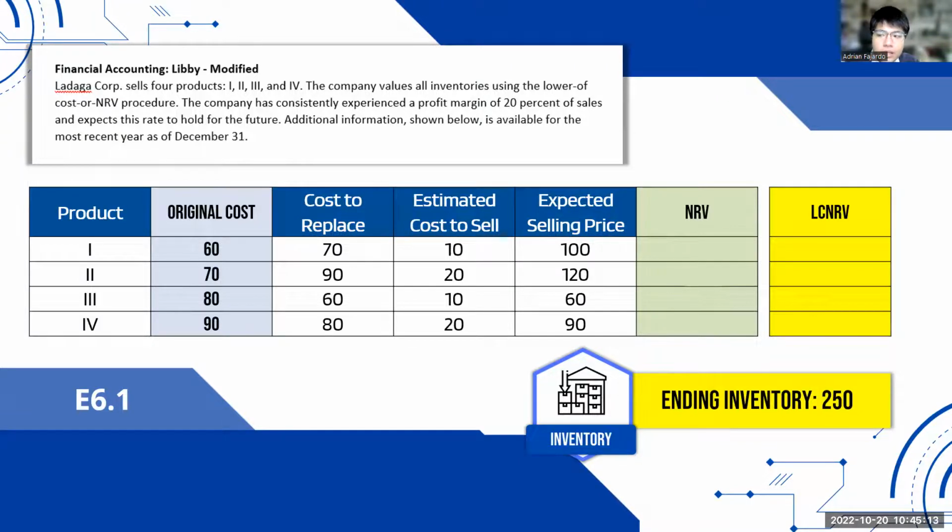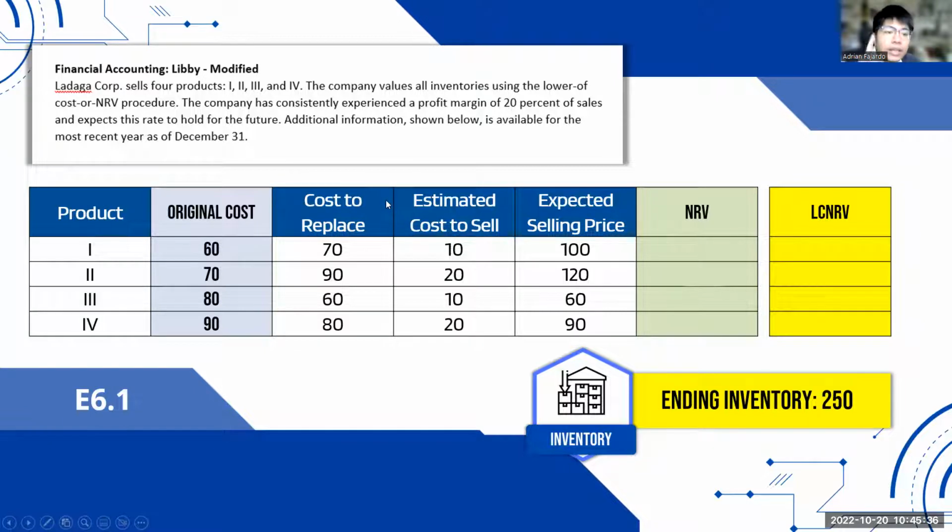What is the NRV? And which one of them is lower, right? So in the scenario, basically, you have 4 products. And yung given lang sa inyo would be 4 things. The original cost, the cost to replace, the estimated cost to sell, and the expected selling price, right?